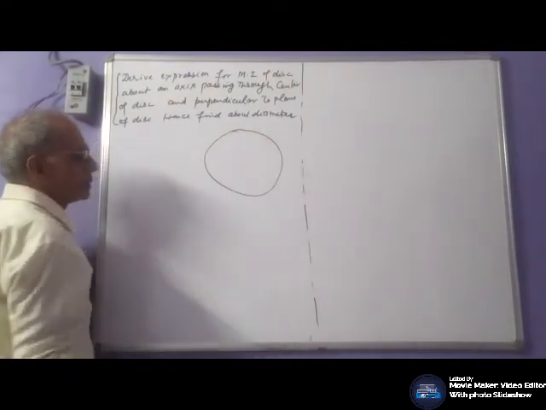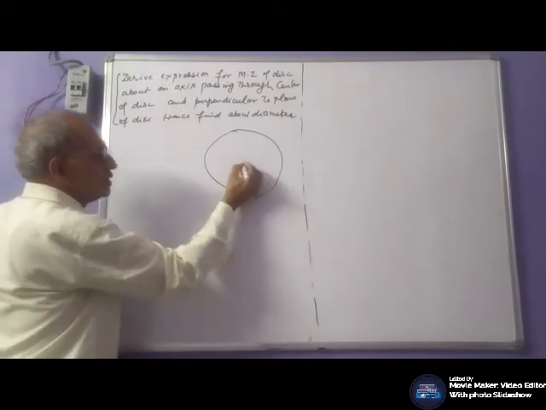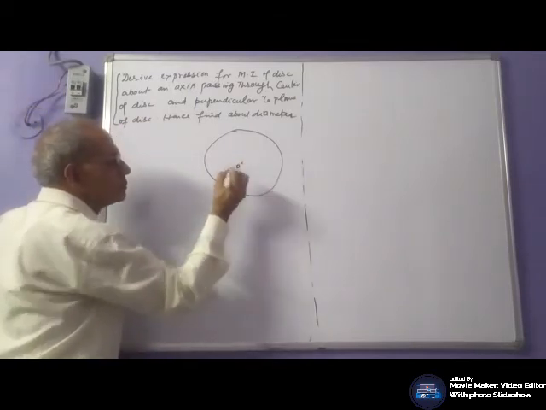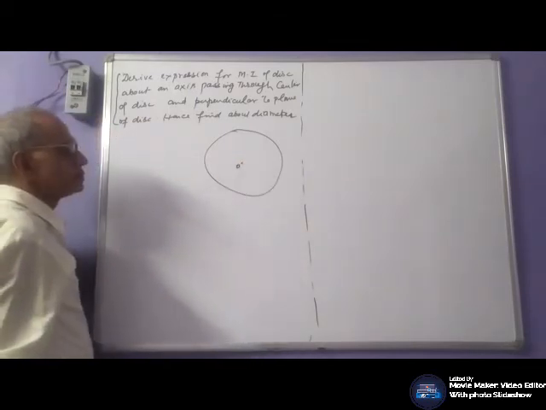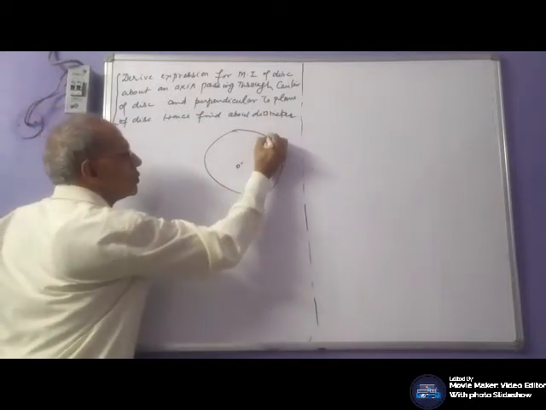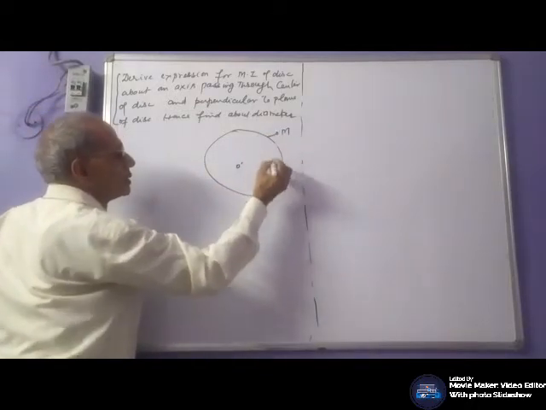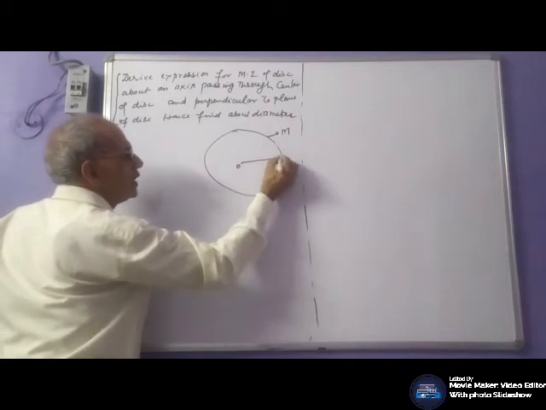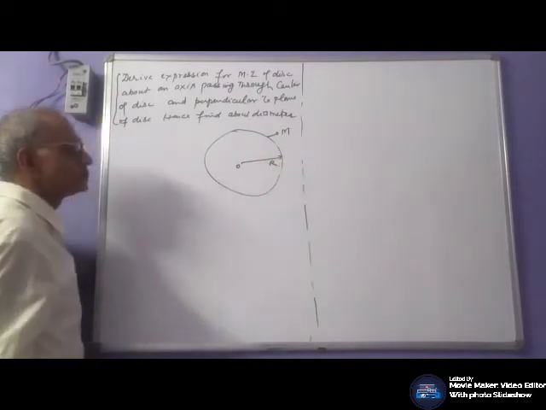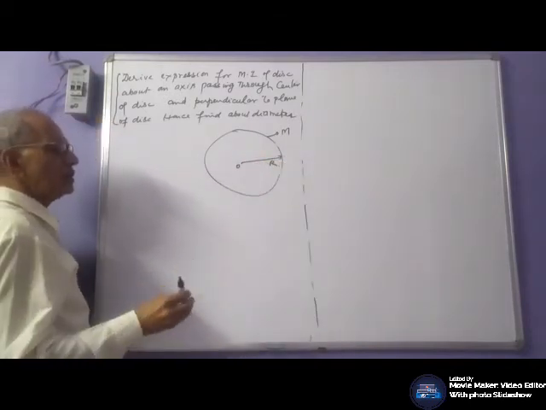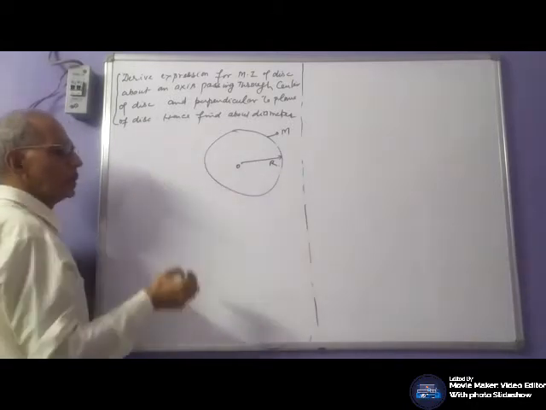This is a disk. This is center of disk. This is mass of disk. This one is radius of disk. The disk is on board.